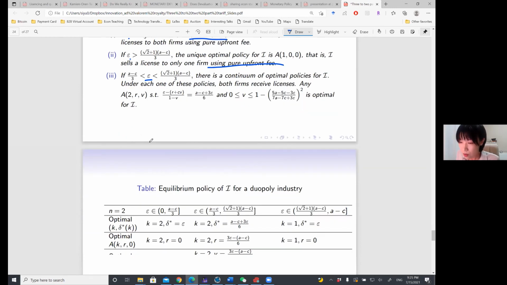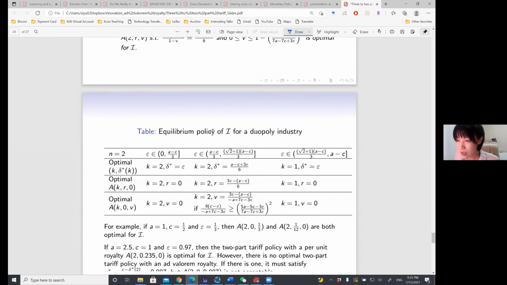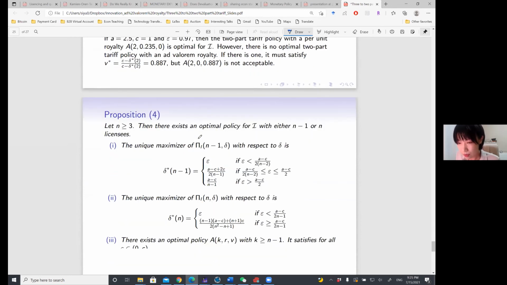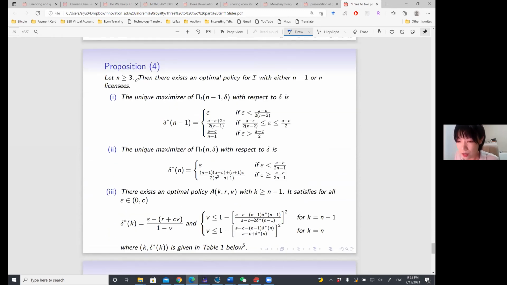And we also summarize the linear case for general N. If N is greater than 3, the unique maximizer for I with respect to delta is given by this, if he sells to N minus 1. And if he decides to sell to N, then this is the condition for optimal delta.